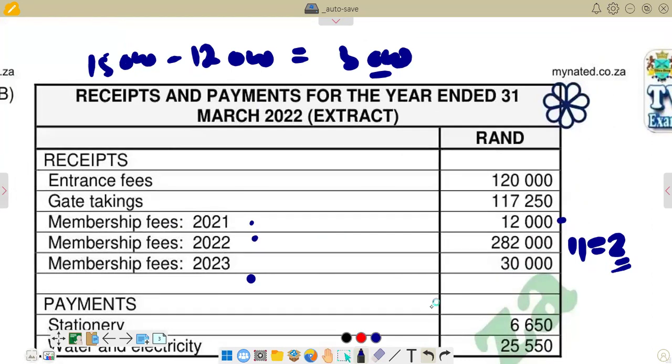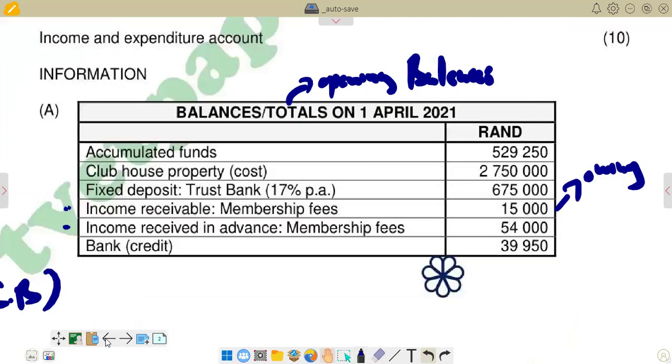So what are we going to do? We go there in the beginning of the question. You see that our fixed deposit is 17% of 675,000, which is per annum. So we make a proportion of 2 months. Remember, we are saying it was only valid for 2 months. So we are saying 17% is 17 over 100. Then we multiply by 675,000.